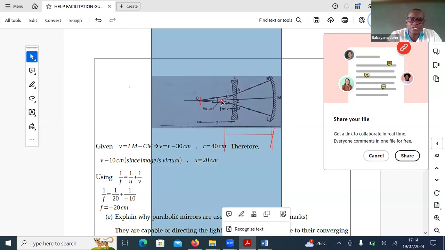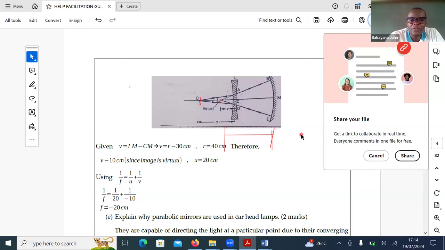And that particular point is the radius of curvature of the mirror. So if I say the radius of curvature minus the distance CF, what I remain with is the value of V.